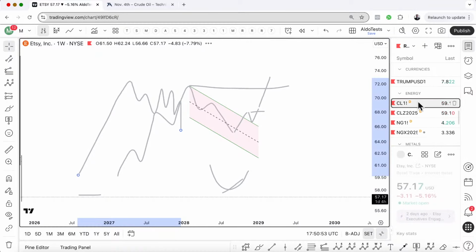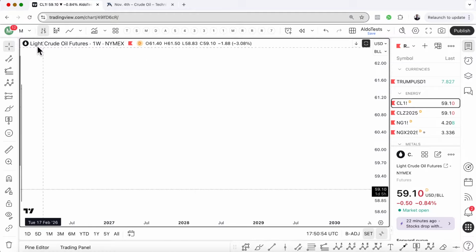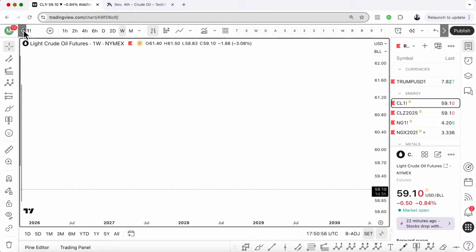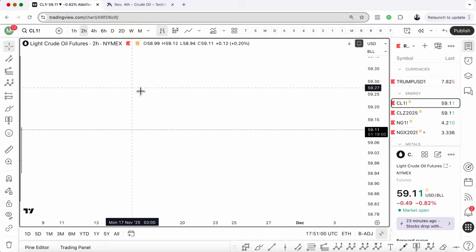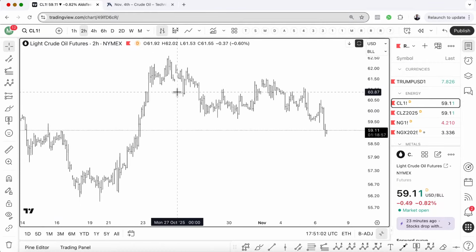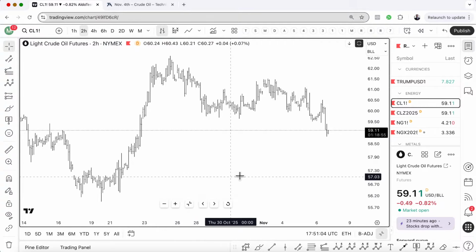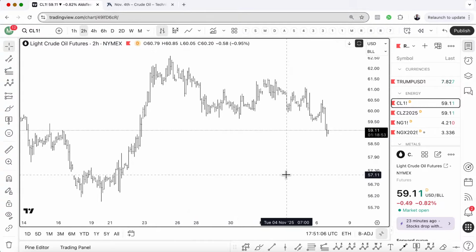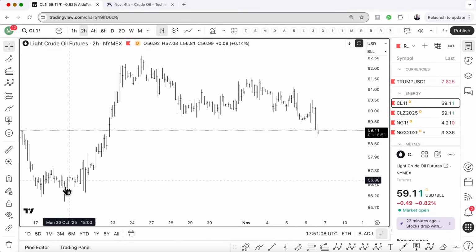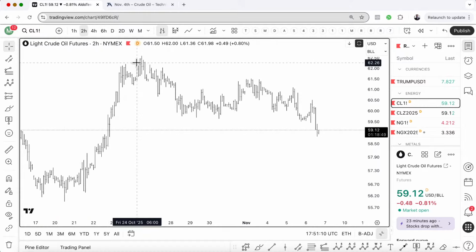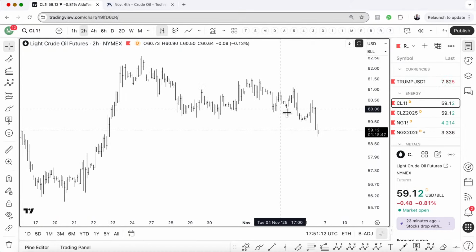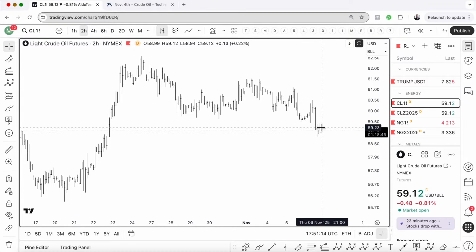on crude oil. Let's see. Let's use a 2-hour chart. Okay, so here we have, notice, something very fast followed by something very corrective-like, right?